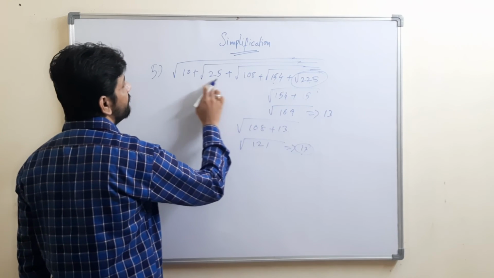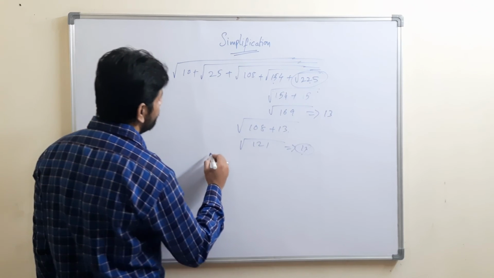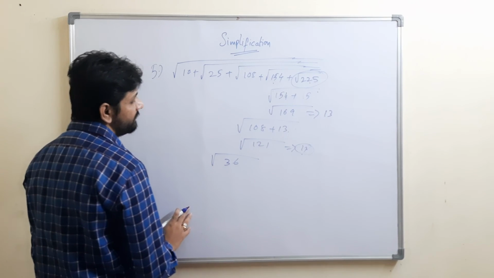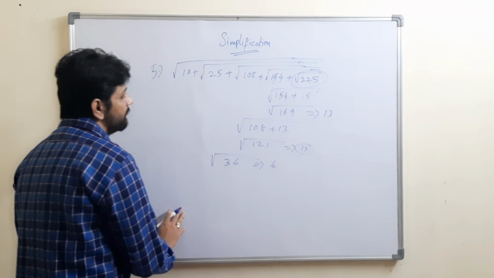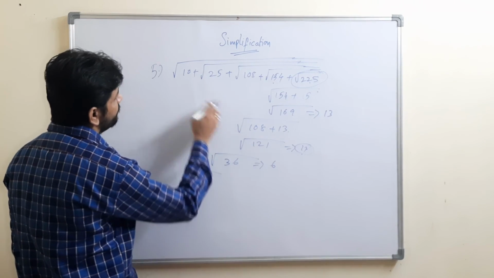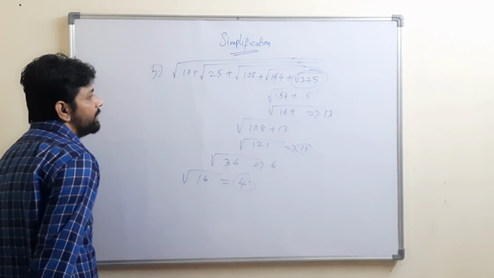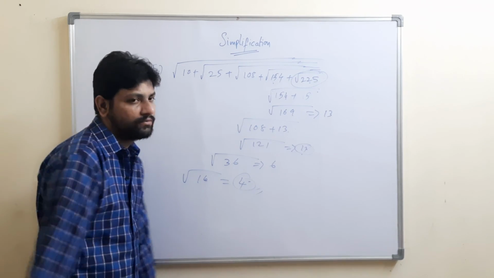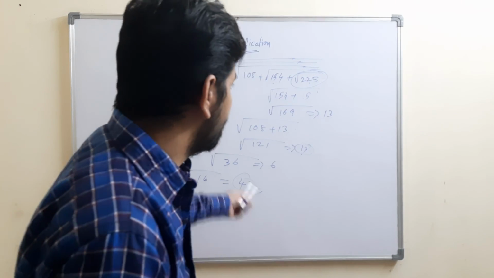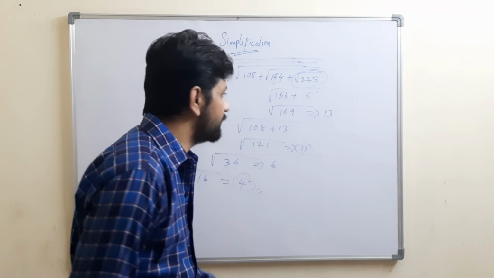Then 11 plus 25 is 36, and the square root of 36 is 6. Next, 6 plus 10 is 16, and the square root of 16 is 4. Finally, our value is 4. This type of simplification will be given. Similarly, many more simplifications will be there. I will explain some more things.